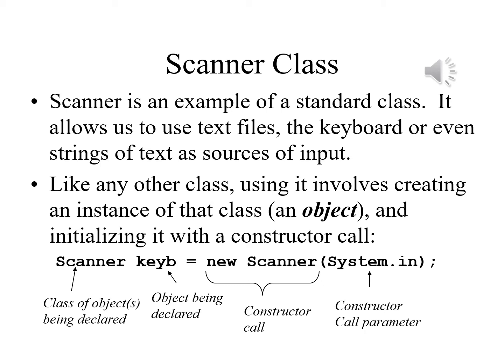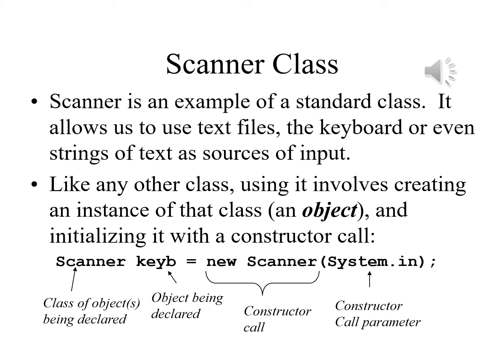Like any other class, using it involves creating an instance of that class, an object, and initializing it with a constructor call. As you see here in this example, something we've seen a lot of, Scanner keyboard equals new Scanner(System.in). Scanner is the name of this class of objects.